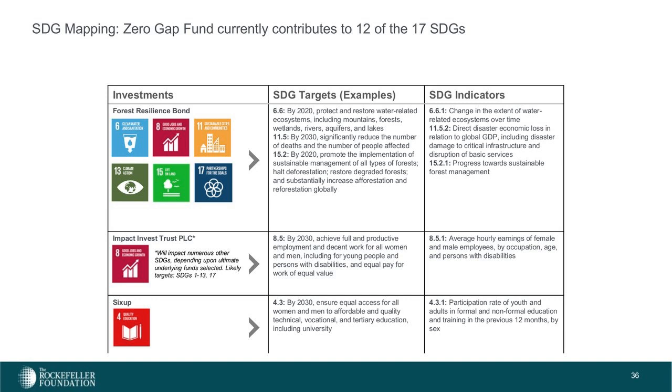And really the way we've done this, again, it's a pretty intuitive process where we're looking at the SDG targets and indicators as provided by the UN and others, and are just being very deliberate in linking the indicators that we're tracking at a deal level to those SDG indicators and drawing those parallels whenever possible. And so this gives you a sense of how we're doing that across these initial sets of investments on this slide and the next slide. And again, I won't go into all the details, but hopefully this gives you a practical sense of how some of these methodologies are being applied to an active investment portfolio.